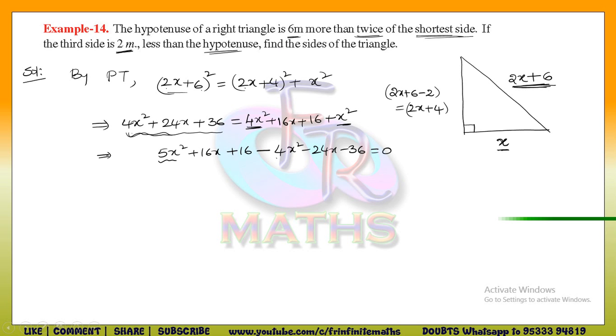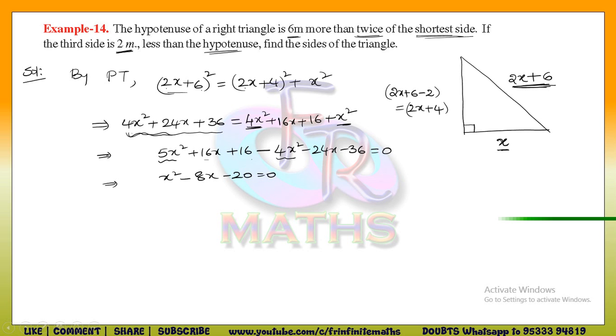Then 5x square minus 4x square gives me x square. 16x minus 24x is minus 8x. 16 minus 36 is minus 20, is equal to 0. So this gives me x square minus 8x minus 20 is equal to 0.